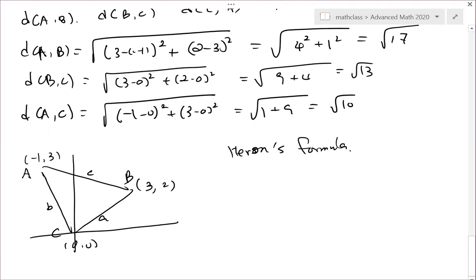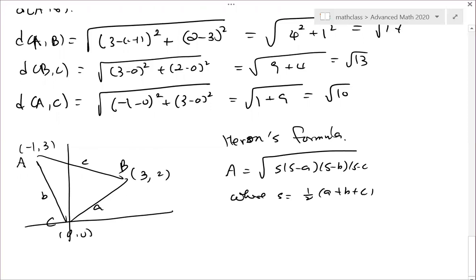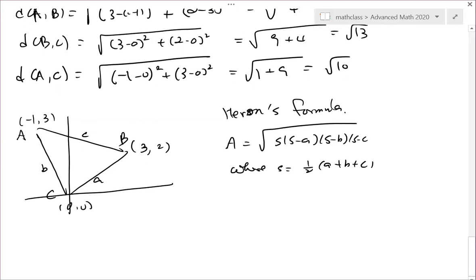Heron's formula says the area is the square root of S times S minus A, S minus B, S minus C, where S is half of the perimeter. And then half of the perimeter is fractions plus fractions, radical plus radical. It's very complicated. You can use that, but you get a very complicated expression.